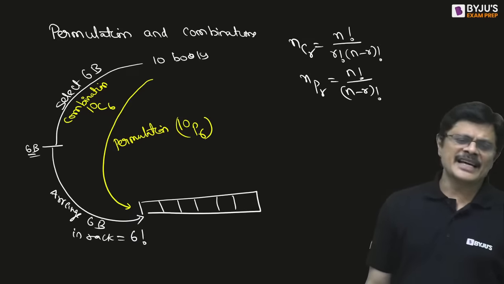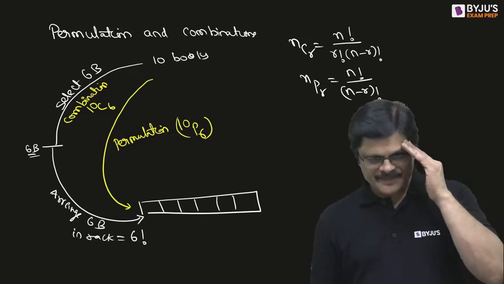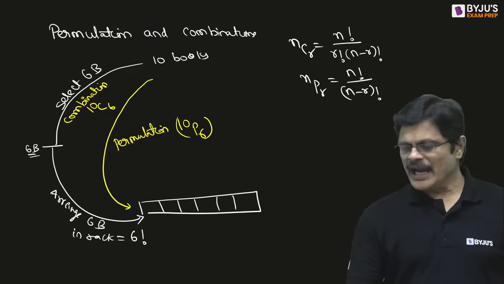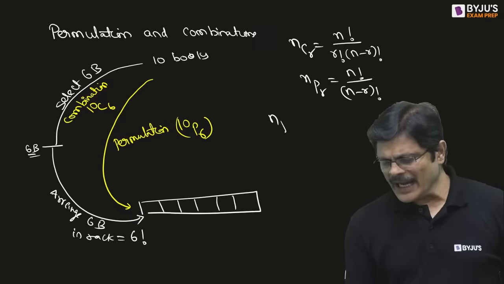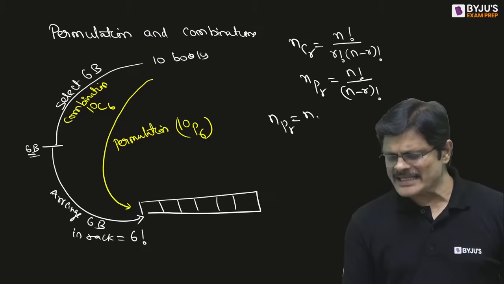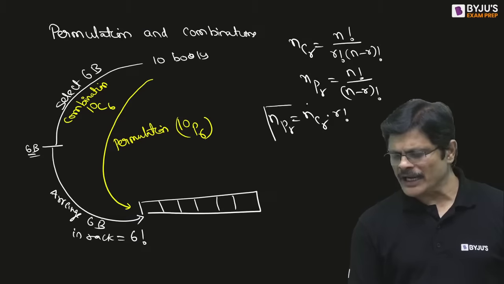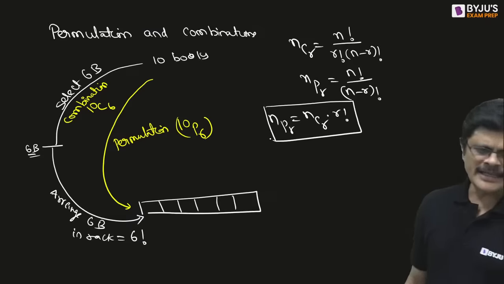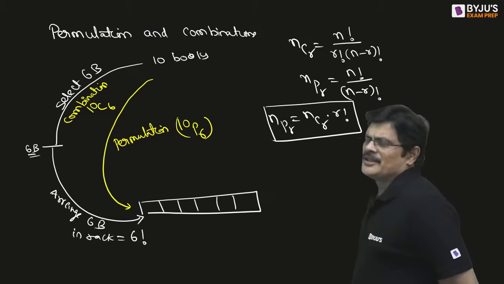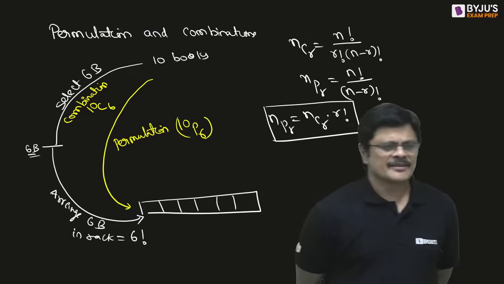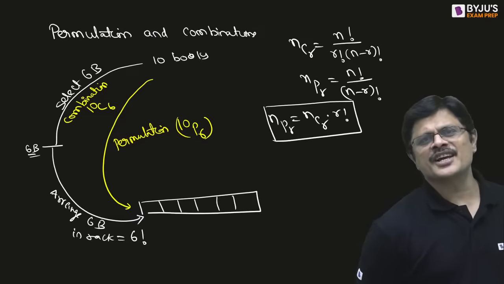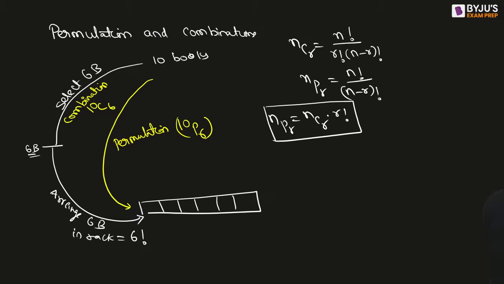This is the NCR and NPR formula. If you observe, NPR can be obtained as NCR into r factorial also, because if you multiply NCR with r factorial, you get NPR. Like that also you can understand that permutation is selection followed by arrangement.